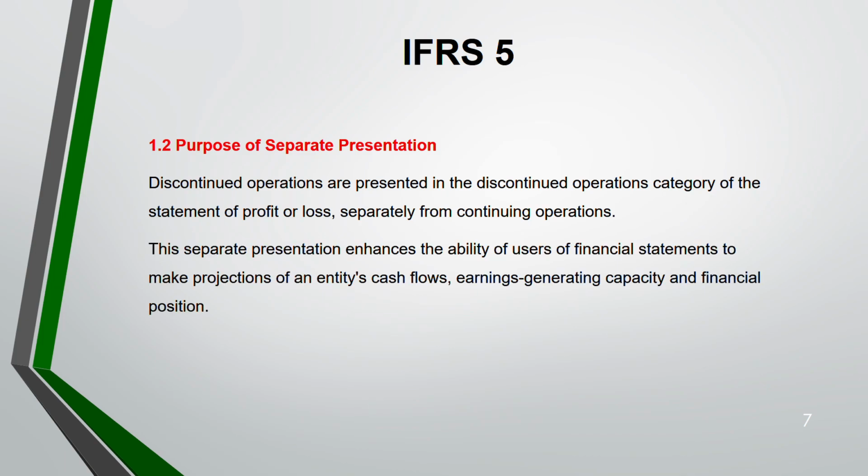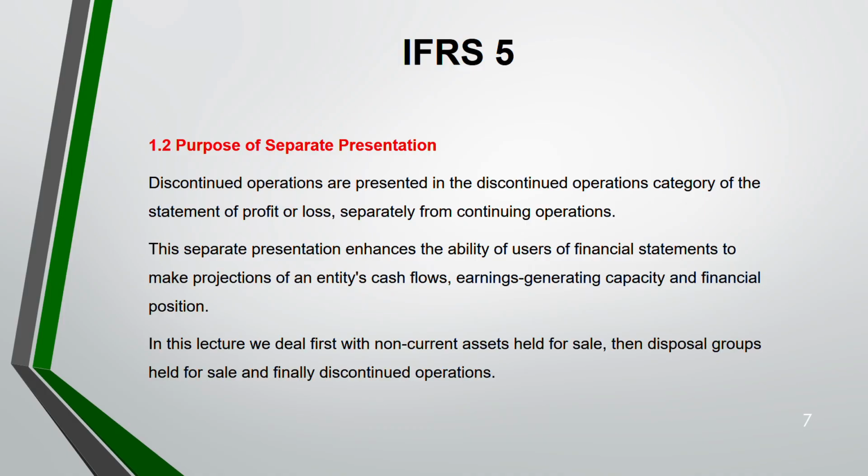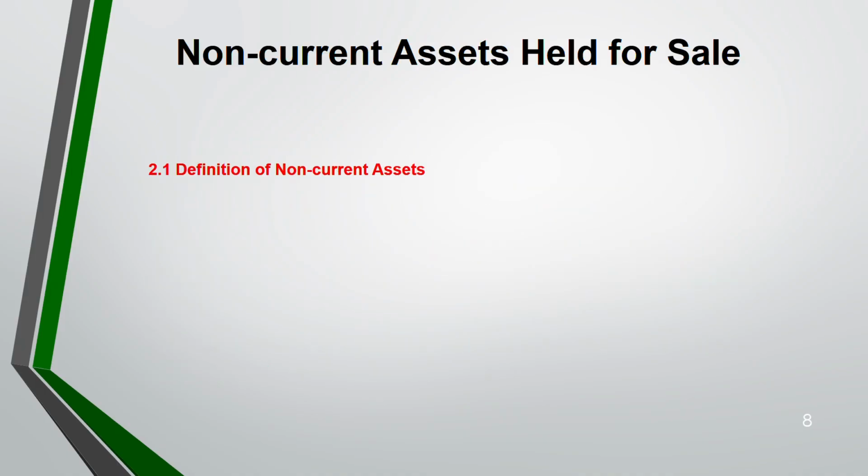This separate presentation enhances the ability of the users of financial statements to make projections of the entity's cash flow, cash generating capacity and financial position. In this lecture, first we are going to deal with non-current assets held for sale, then disposal group held for sale, and finally discontinued operation.